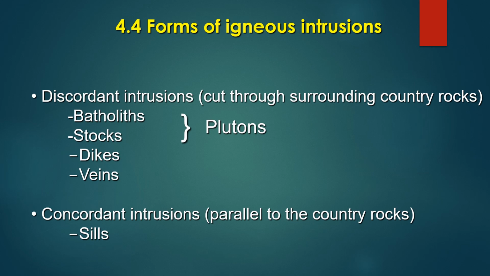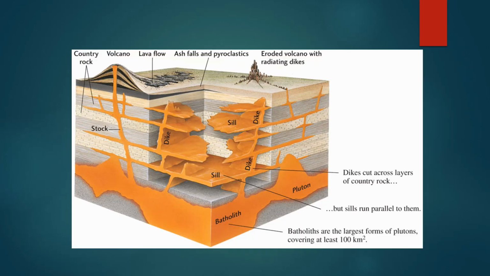The different types of intrusions include batholiths. They are the largest pluton, irregular masses of coarse-grained igneous rocks that cover at least 100 square kilometers. There are also stocks. They are also irregular masses of coarse-grained igneous rocks, but they are smaller than batholiths.